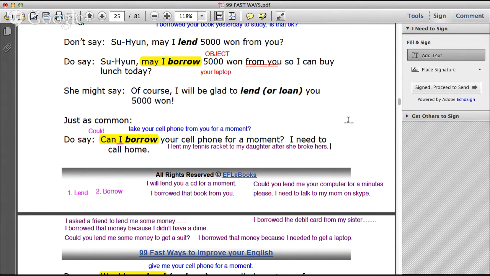And same with borrow. I borrowed her tennis racket after mine broke. It would be different: you would have to say I borrowed her tennis racket after mine broke. In the first example, that means I give.